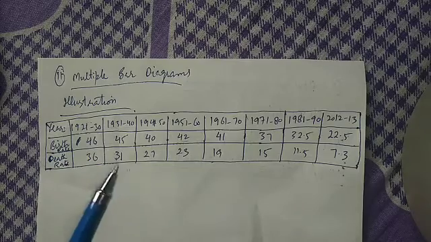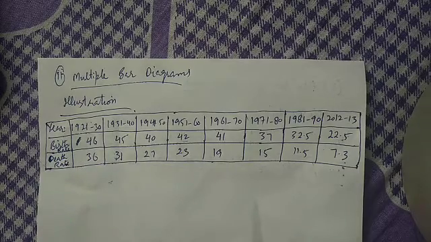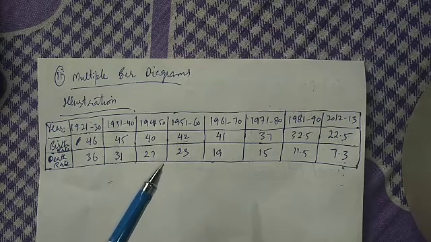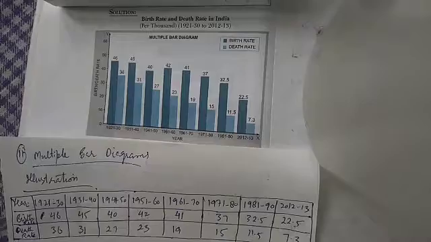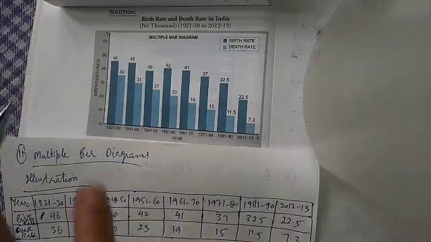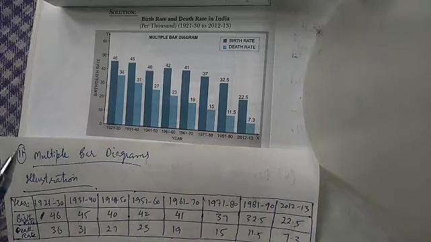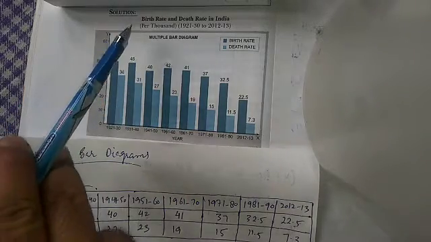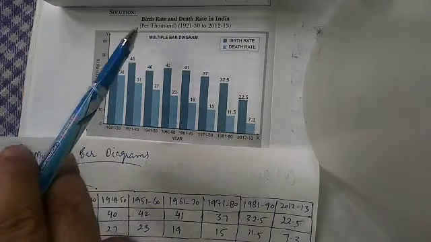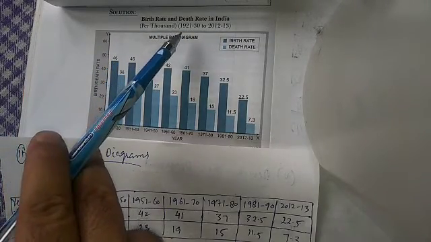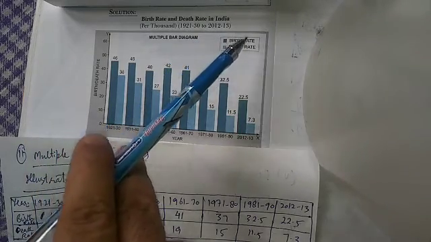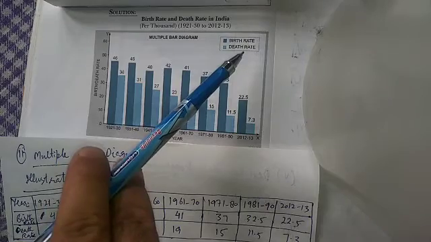Now we will show this data with the help of a multiple bar diagram. As you see, this is the multiple bar diagram. It shows the birth rate and death rate in India per thousand from 1921-30 to 2012-13. This color shows the birth rate and this color shows the death rate.